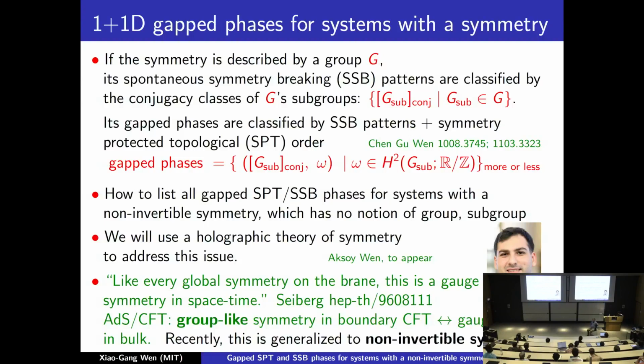Certainly here, the brane means a boundary, space-time means a bulk. And this is even before the AdS/CFT revolution. So there we know that the group-like symmetry on the boundary CFT and the gauge theory in the AdS bulk have this one-to-one correspondence. That became a very popular theory, this holographic theory for the symmetry.